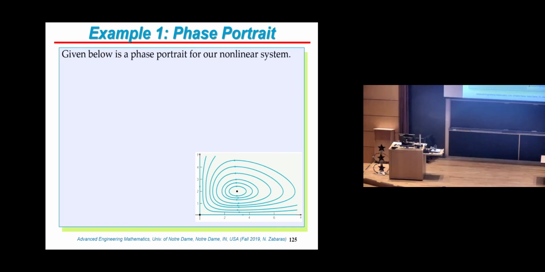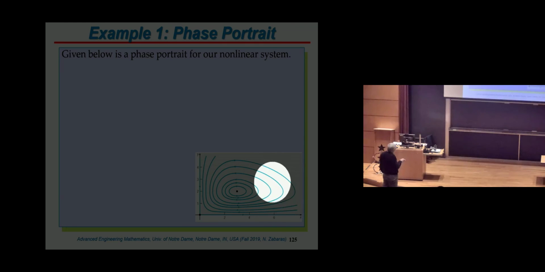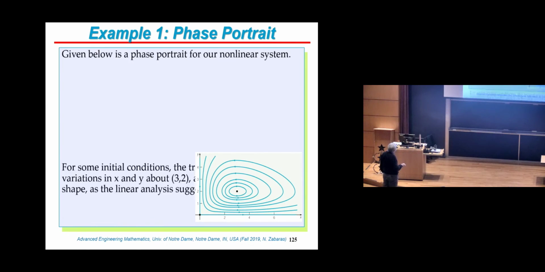You notice some of these trajectories are very elongated. The only thing you can say is you have closed trajectories, so there is some sort of oscillation, but obviously it's an oscillation of a nonlinear system. And this is the answer from the exact nonlinear problem.